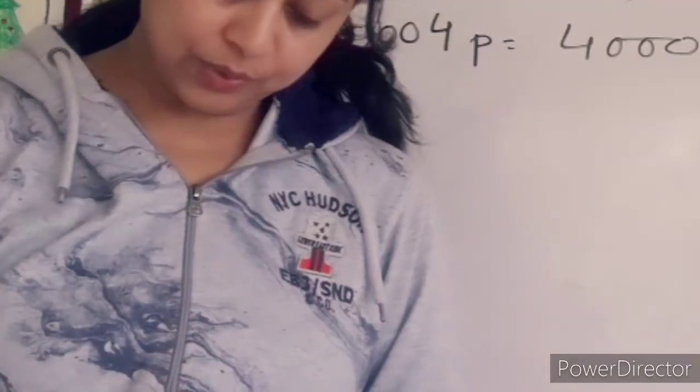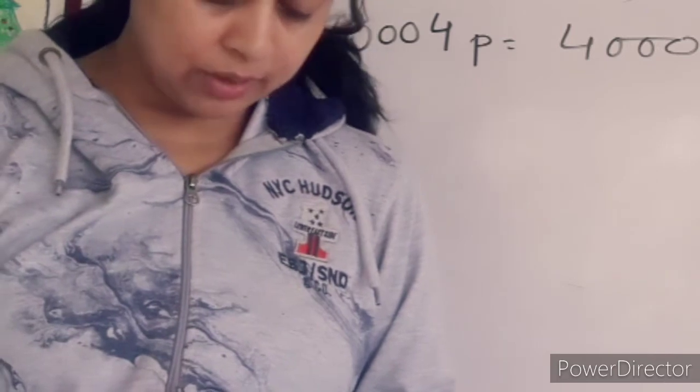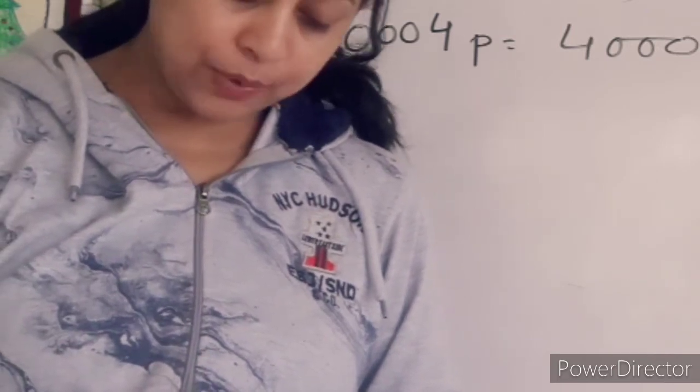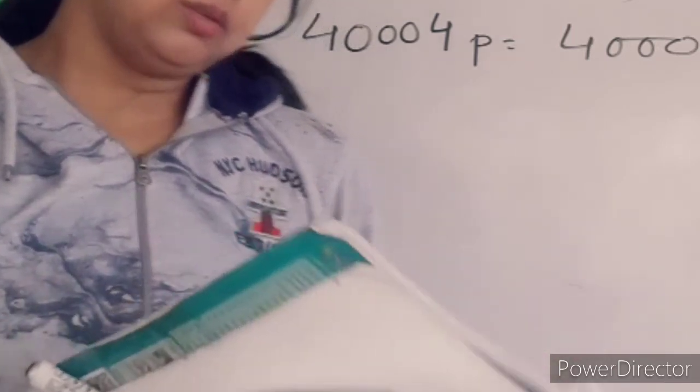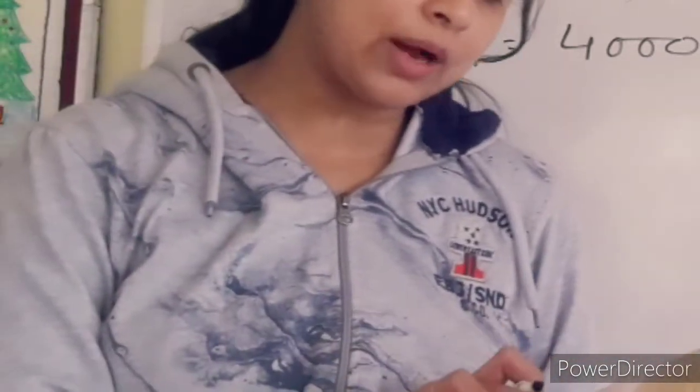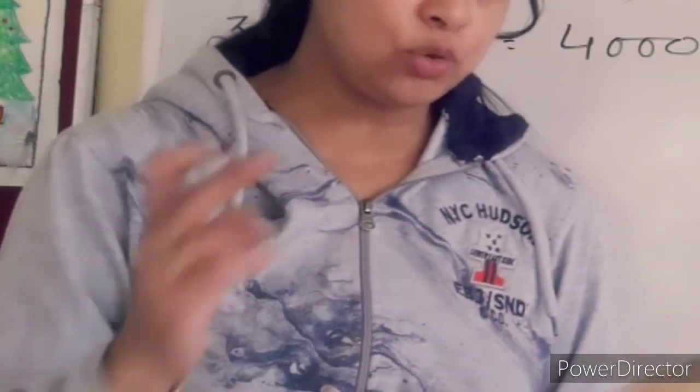Converting into paise. 25 rupees 7 paise and 41 rupees 8 paise. To solve this one, first you convert rupees and paise into paise.